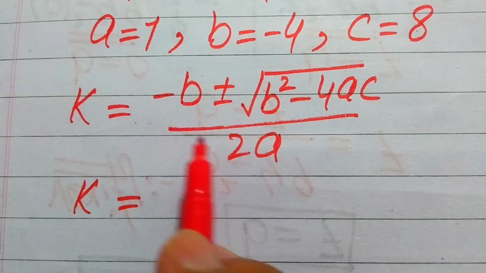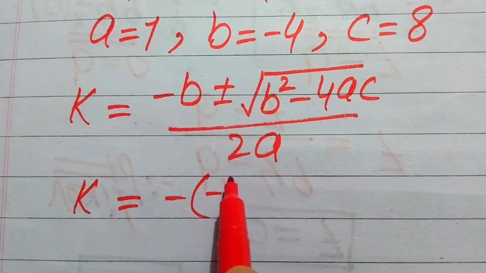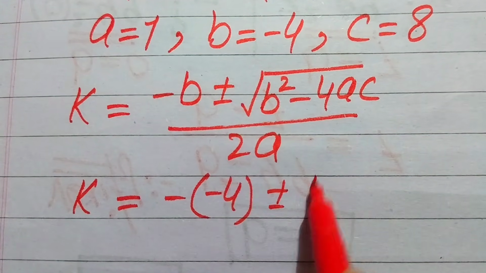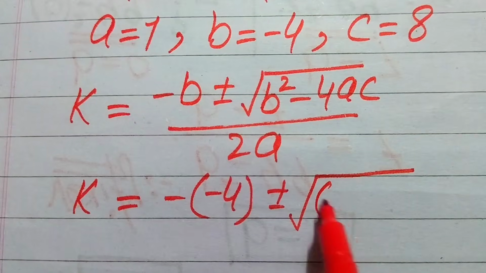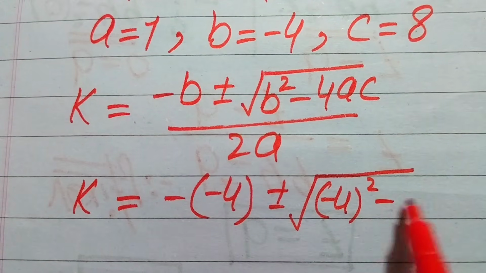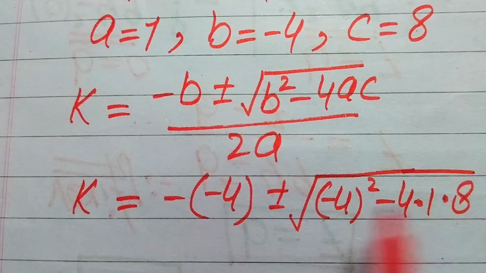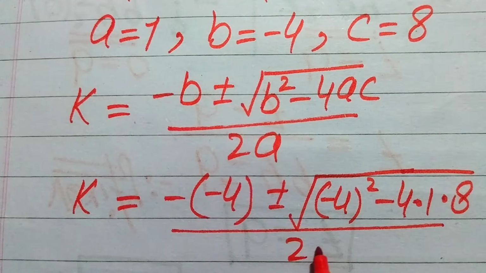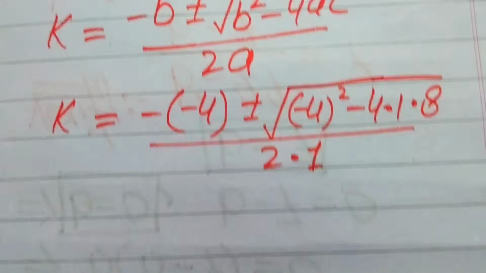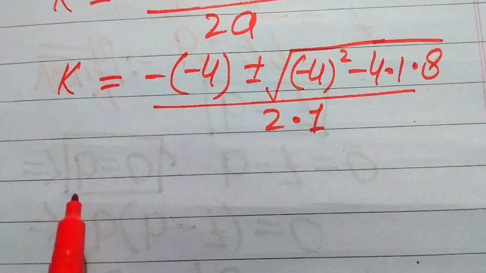So we have k equals minus b, the value of b is -4, plus minus square root of b square, b is -4 square, minus 4 times a is 1, and c is 8, and it is divided by 2 times a, and here our a equals 1.